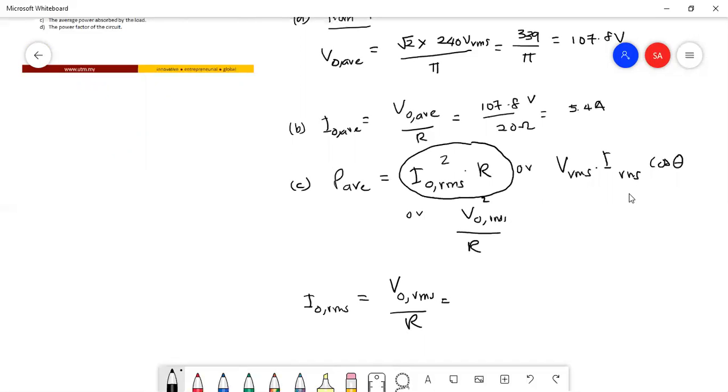So V out RMS of the output is Vm over 2, over R. This will give you 169 volts over 20 ohm, and the answer is 8.425 ampere.